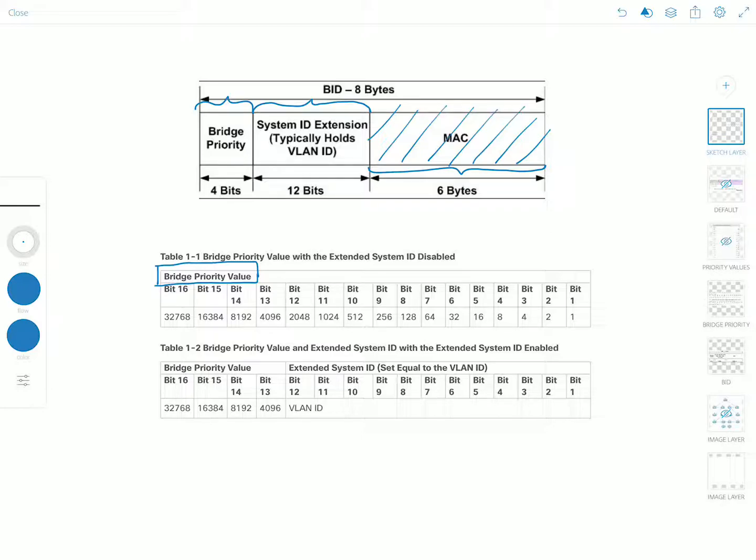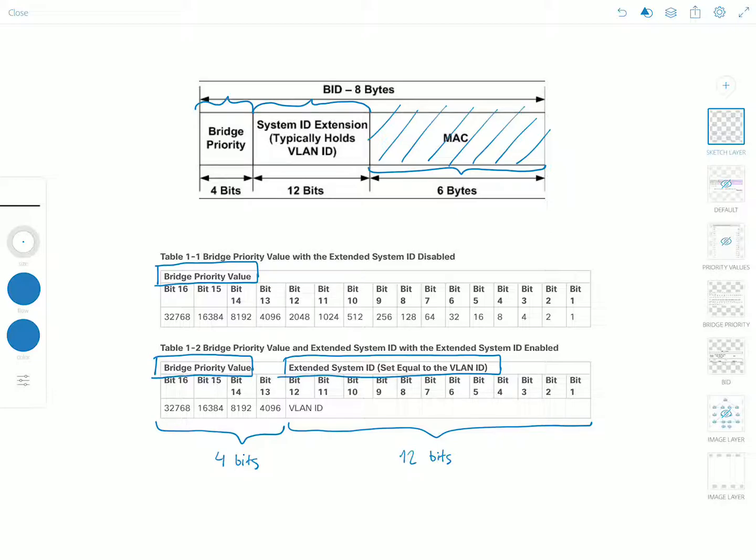But when the extended system ID was enabled, only the first 4 bits were assigned to the bridge priority, and the rest were given to the VLAN ID. So right here you can see this is now the bridge priority value, and the rest is the VLAN ID. So right here the first 4 bits, and then the remaining 12 bits for the VLAN ID.